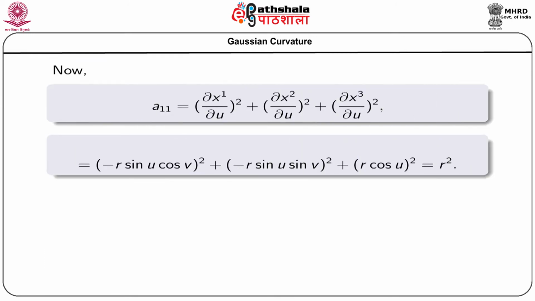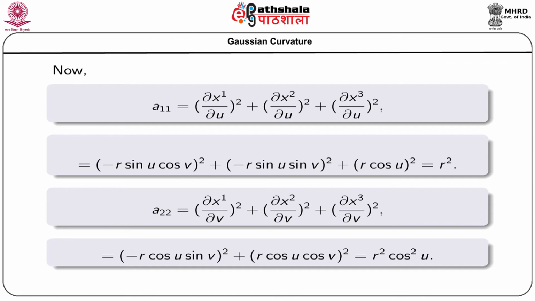Now, we find A11. The value of A11, if we calculate by this expression, is equal to r square. A22 is coming to r square cos square u.